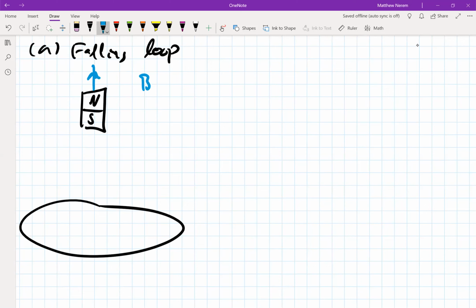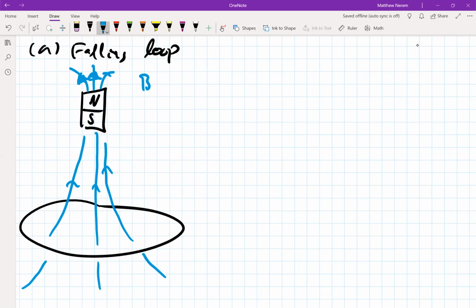The B field is coming out of the magnet, which means that they're going to loop around and do something like so. So there's our orientation of the external field. We have some velocity in that direction for the loop, because that's the thing that's falling.